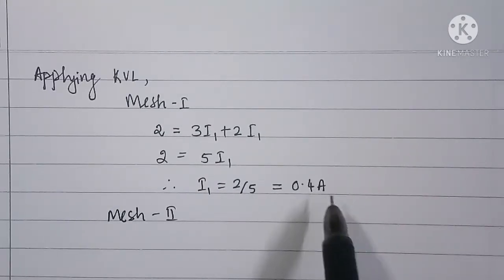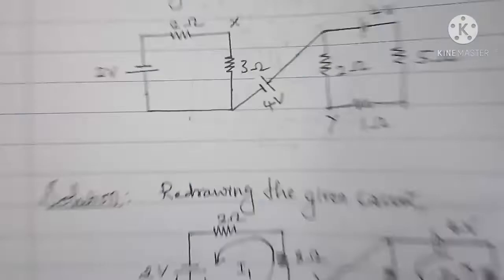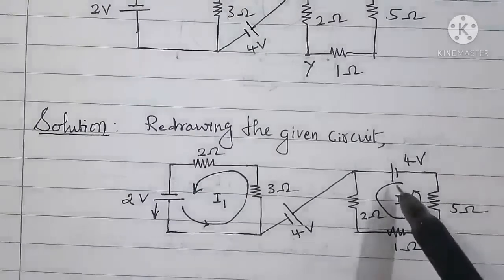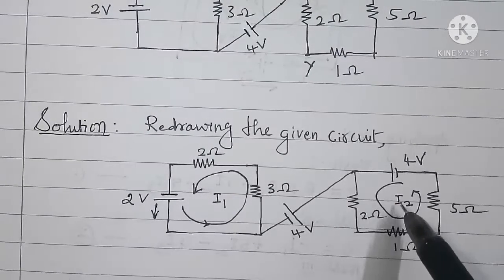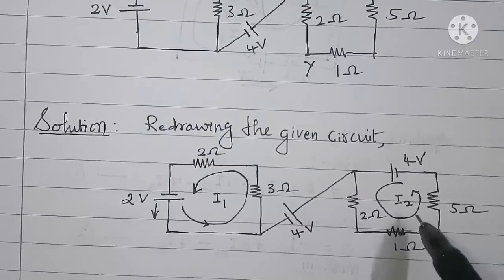ampere. Now applying KVL to mesh 2, the voltage rise is 4 volt, and the voltage drops are 2 into I2 plus 1 into I2 plus 5 into I2.